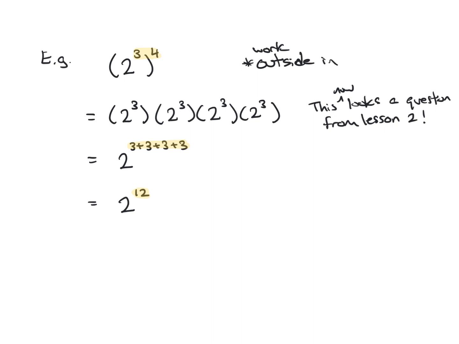What's another way to think about 3 plus 3 plus 3 plus 3? Well, that's actually the same thing as 3 times 4. And 3 times 4 gives you 12. So all of those things in yellow that I've highlighted there, they're all equal to 3 times 4. Okay, so that is the connection.